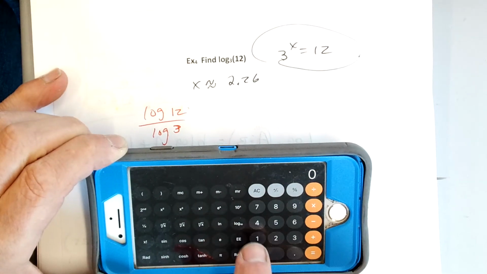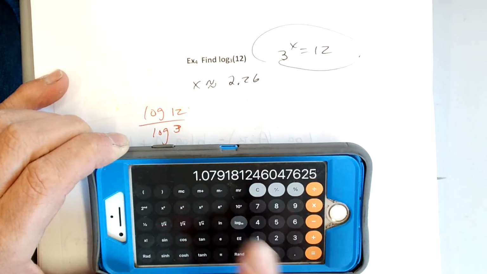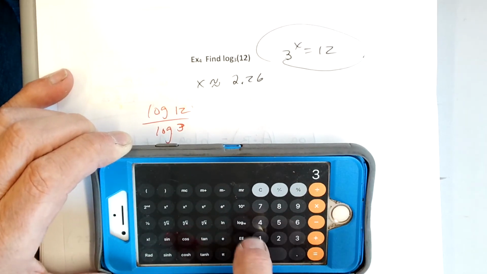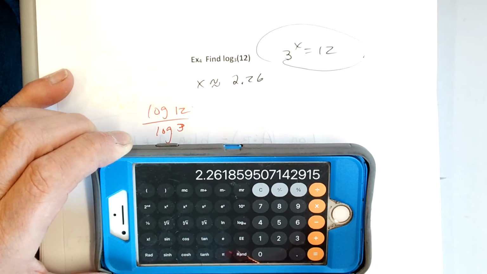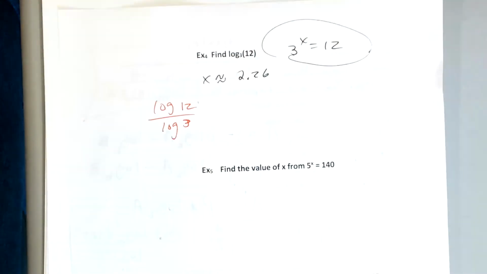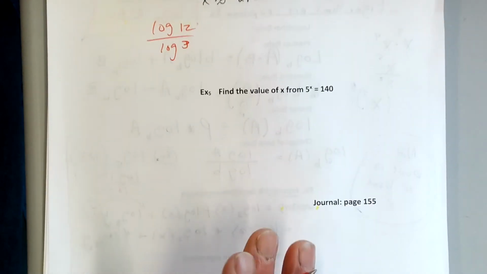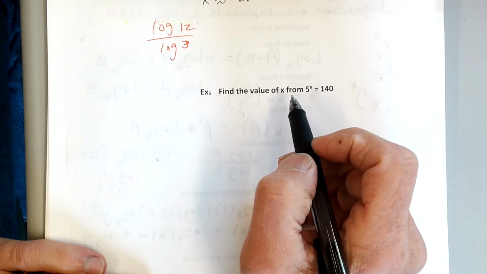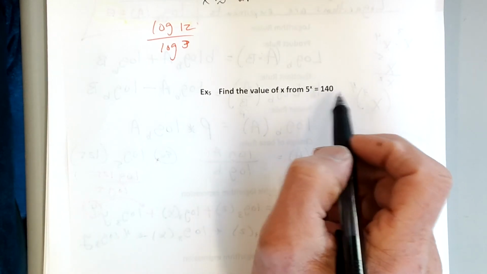And I could go 12 log divided by 3 log equals, there it is, 2.26. So you can do it on your phone, but it's kind of a pain doing it on your phone, isn't it?